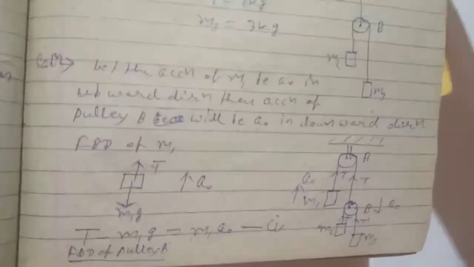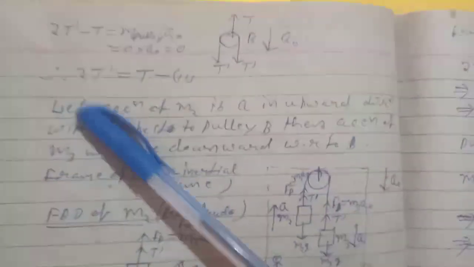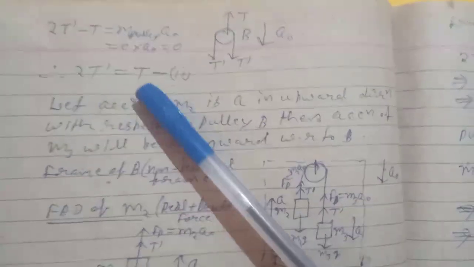Now the FBD of pulley B will be T in the upward direction and T dash in the downward direction. This is moving in the downward direction with acceleration a naught. So 2 into T dash equals T, equation 2.